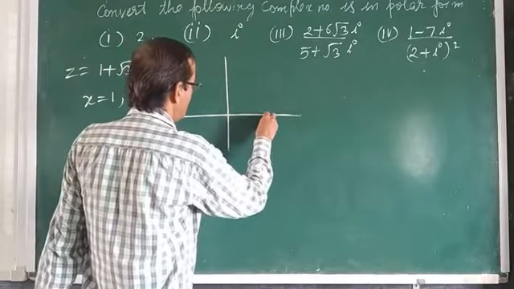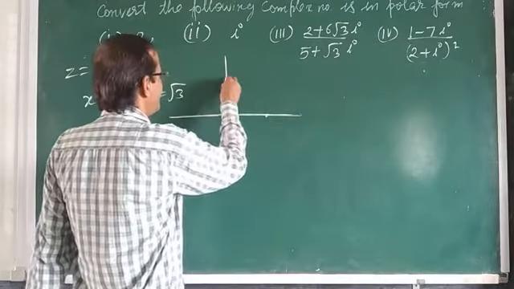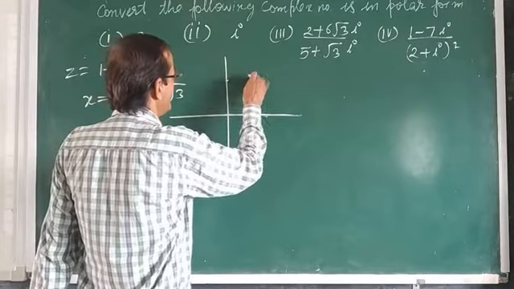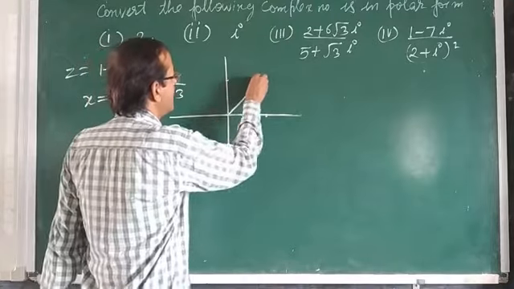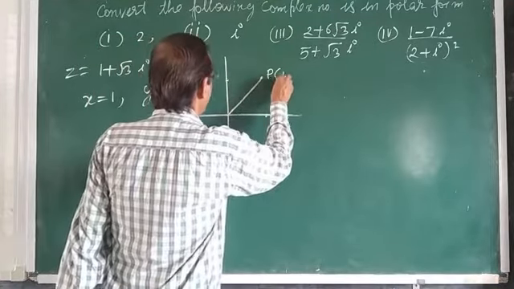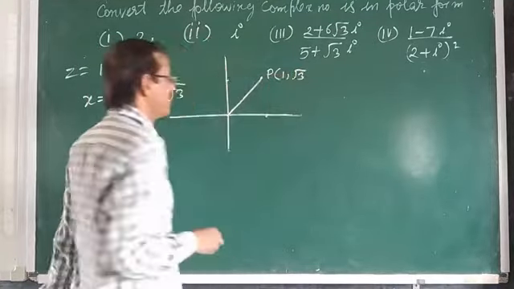So x is equal to 1 and y is equal to root 3. So your point will be P(1, root 3).